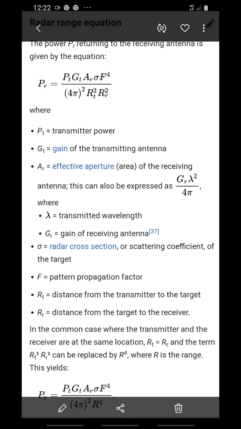This can also be expressed as GR lambda squared over 4 pi, where lambda is the transmitted wavelength, GR is the gain of the receiving antenna, sigma is the radar cross section or scattering coefficient of the target, F is the pattern propagation factor, RT is the distance from the transmitter to the target, and RR is the distance from the target to the receiver.